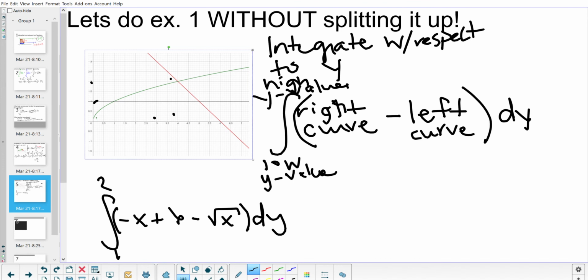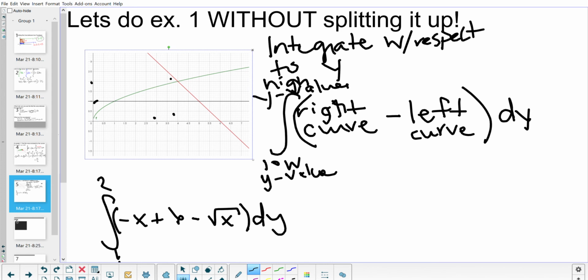So I hope you're looking at this and you're thinking, okay, there's something wrong with this because we're integrating with respect to y, yet we have x's in here. These are y values, this is a y value, but we have x's in the function. That's not okay. We have to fix this.